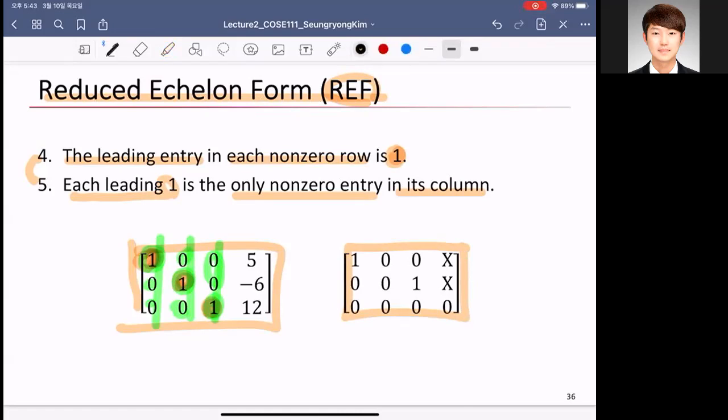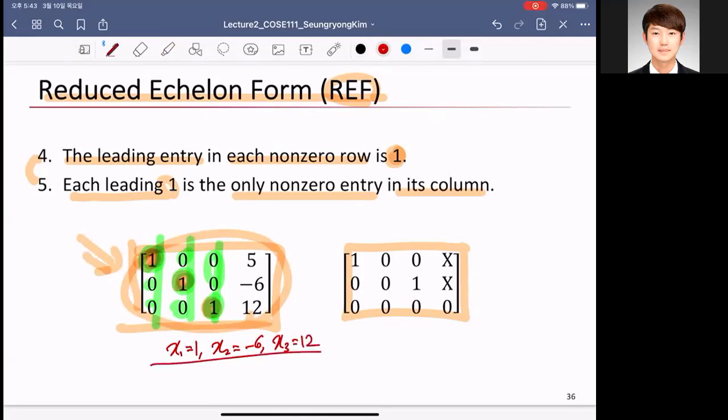So let's go back to our system. For example, we would like to solve the original linear system, right? But if we have this kind of reduced echelon form, and let's assume that this is an augmented matrix, then we can easily read off the solution set as x1 is 1, x2 is -3, -6, x3 is 12, right?